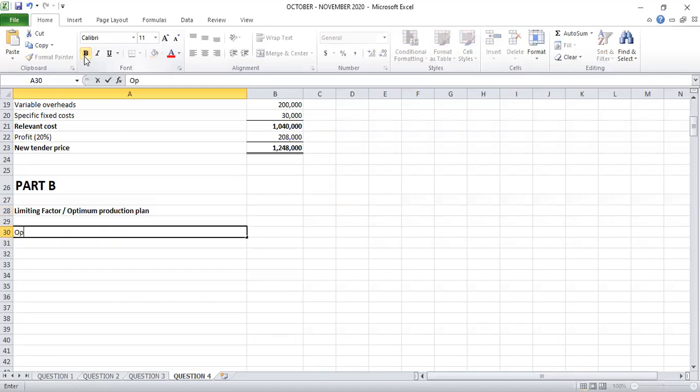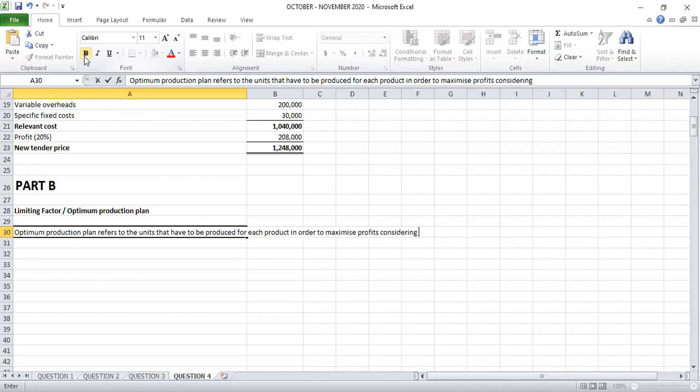When they say the optimum production plan, it refers to the units that have to be produced for each product in order to maximize profit, considering limited resources.